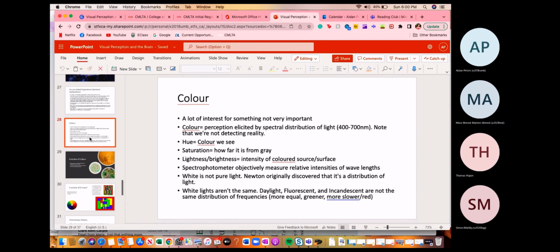Daylight, fluorescence, and incandescence have different distributions of wavelengths. In daylight, you have something more equal across the spectrum, whereas in fluorescence, you have a greener distribution. Although there are other frequencies in there, there's more green than others. And lastly, in incandescence, you have more red, or longer wavelengths.